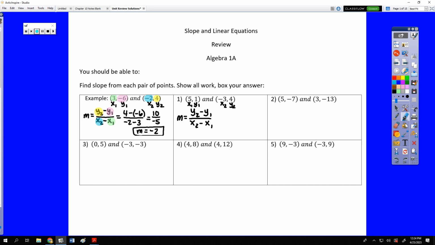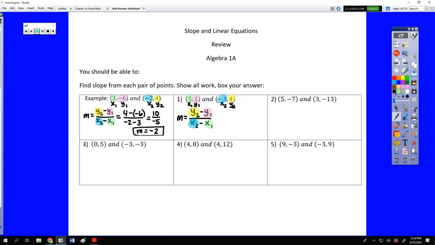So you'll notice that in the example we have color-coded those. x1 is the first number, that goes in there. y1 is the second number, that goes right there. x2 is the first number in the second point, which goes right there. And y2 is the last number in the second point, that goes right there.